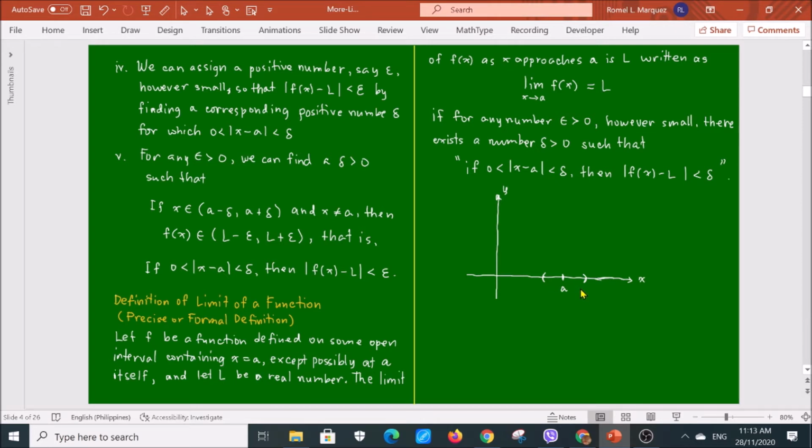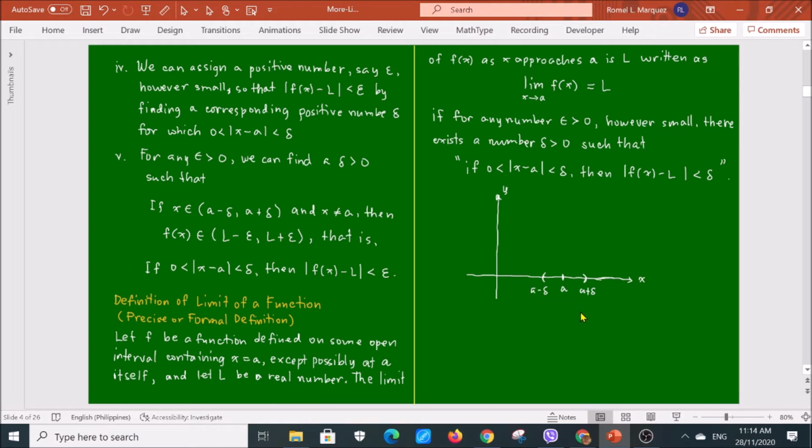So before this endpoint, because it is open, not included, there is always a number that I can add to a, but still in the interval, and that is delta. So here it is a plus delta, a number that is inside but close to the endpoint on the right. And to the left, it is a minus delta, which is still inside but close to the left.